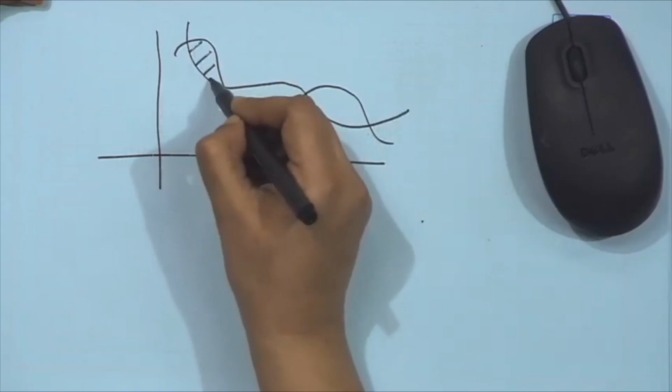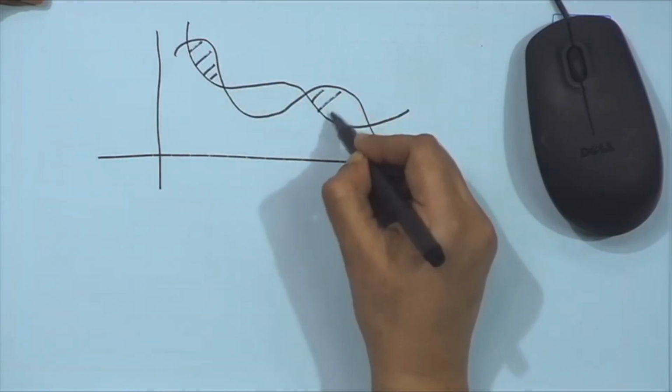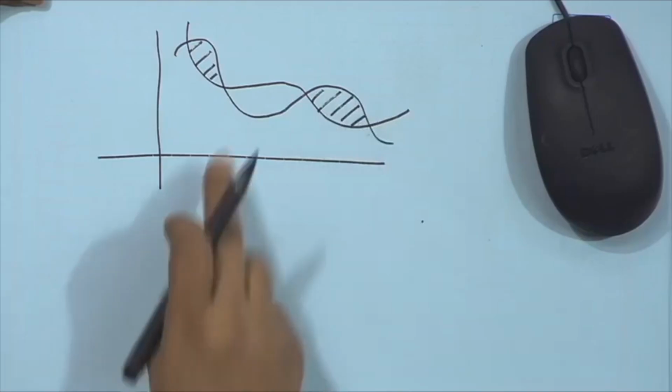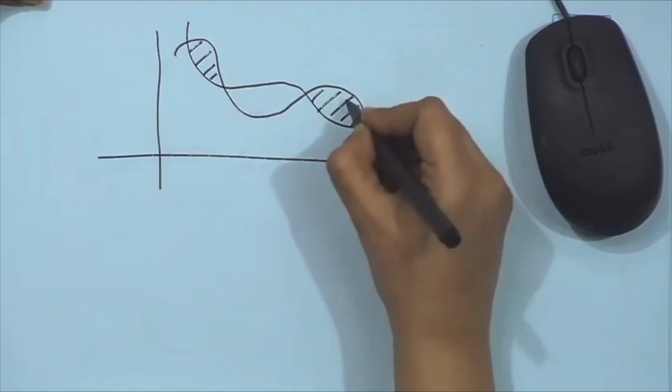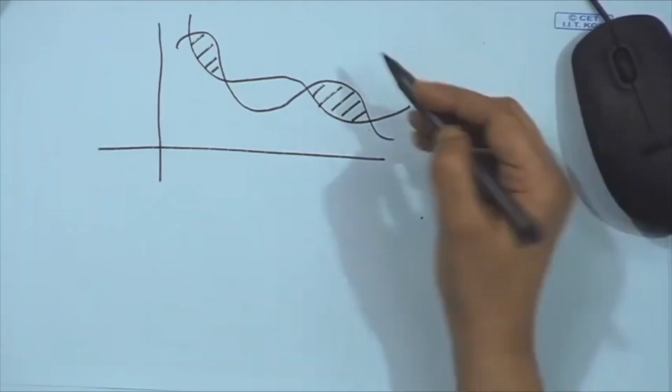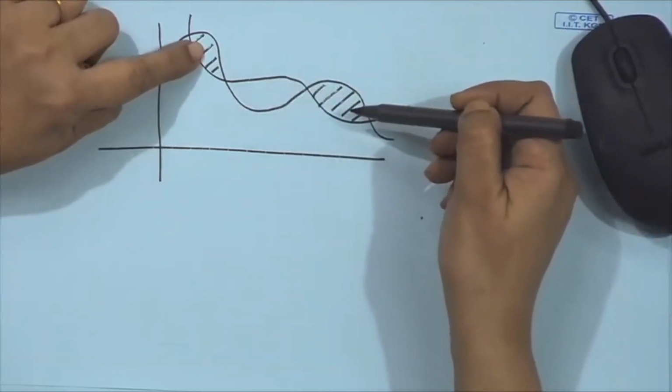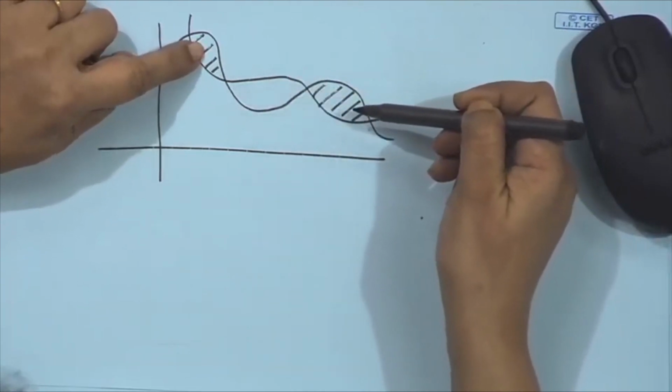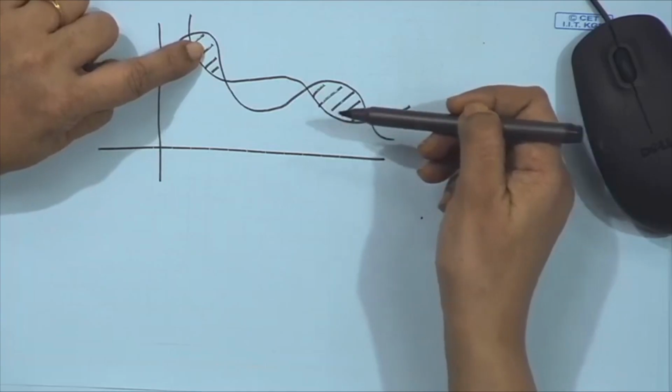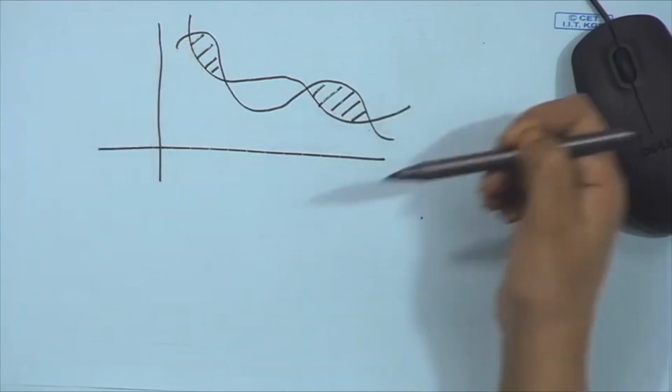This is the only feasible space, where I am giving the shade. This is not the feasible space, this is the feasible space.